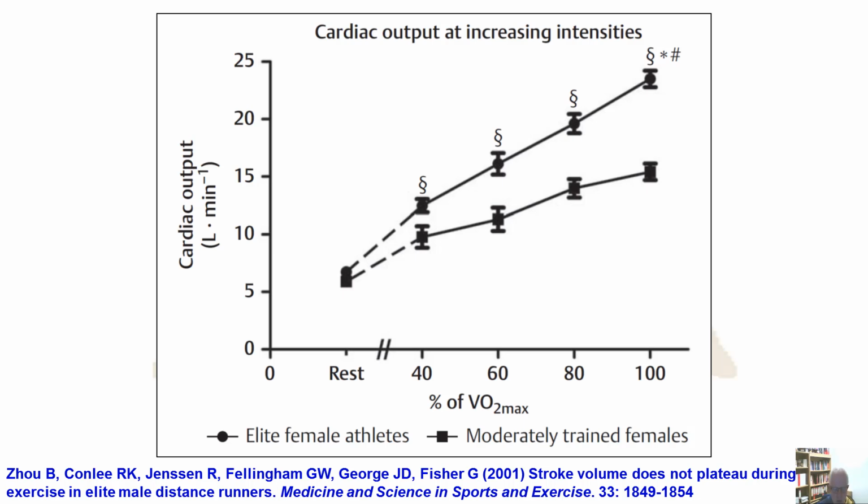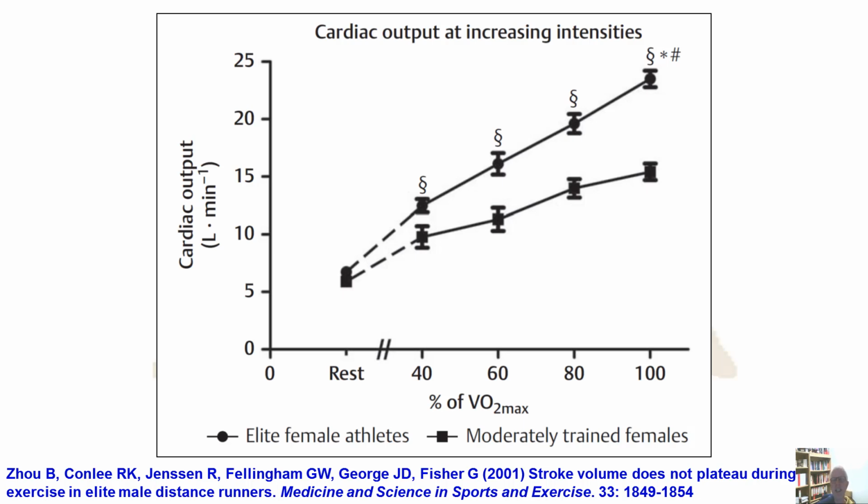But our moderately trained females are only achieving a cardiac output of about 15 litres per minute. You can see quite noticeably that our elite female athletes get to a cardiac output of just under 25 litres per minute. And in fact, even in elite males, we see cardiac outputs of no more than probably 40 litres per minute. But it's worth bearing that in mind.